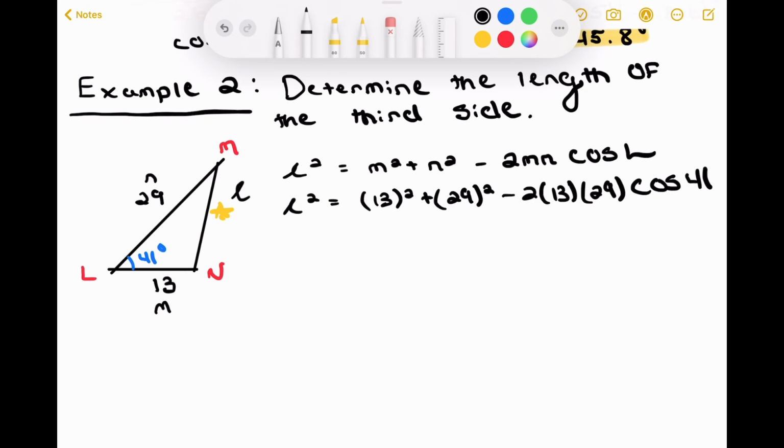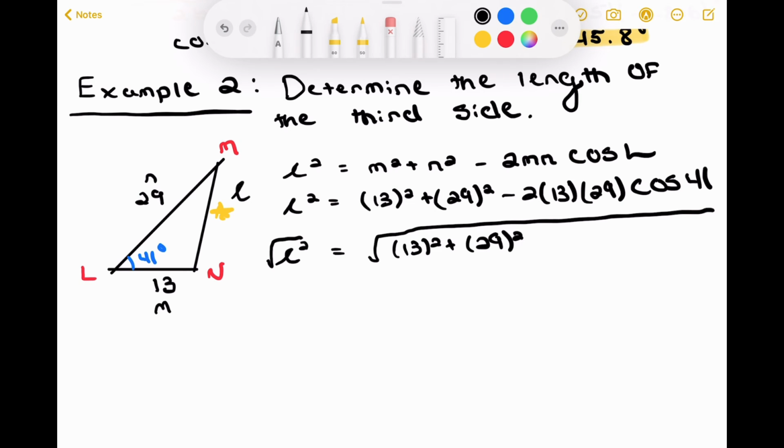Okay, now it's just about simplifying this. So in order to simplify this and get a single L, we have to square root both sides. So when we square root the left and then we square root our other side here, we're just going to rewrite everything but with a square root above it.